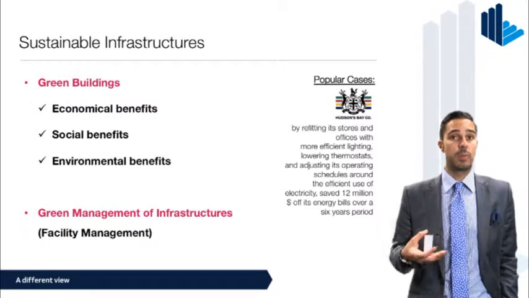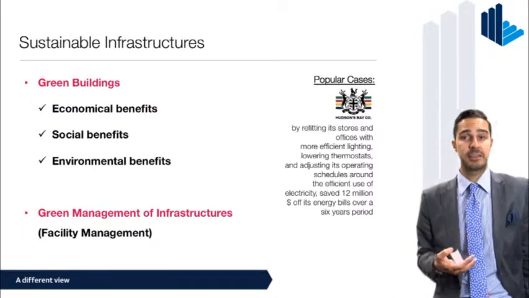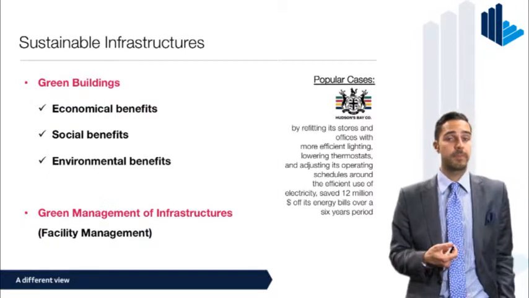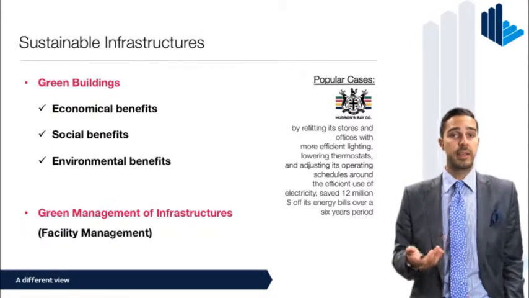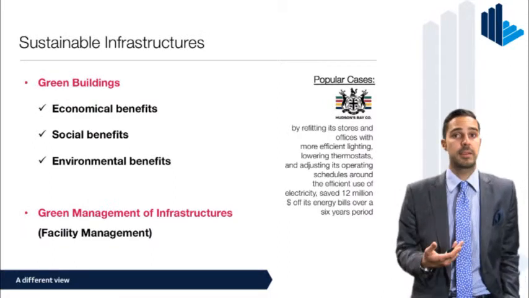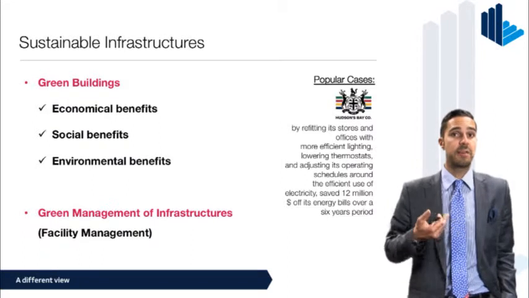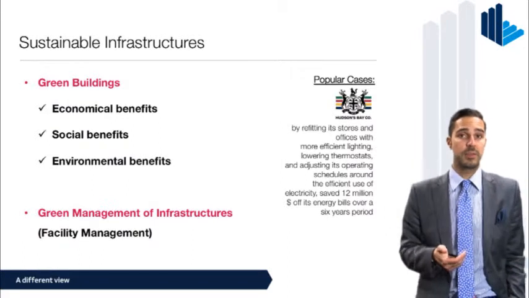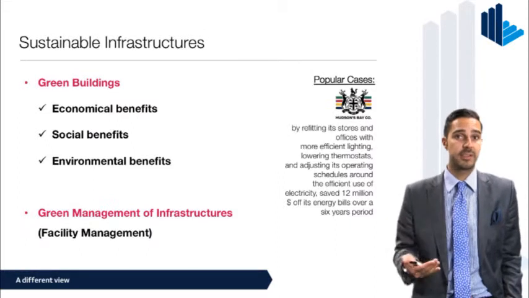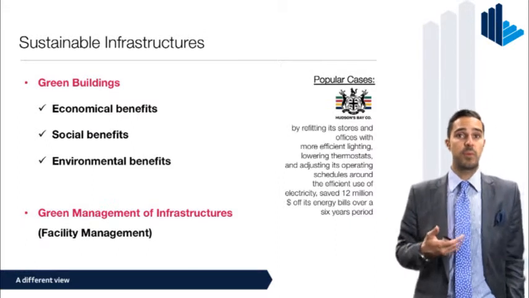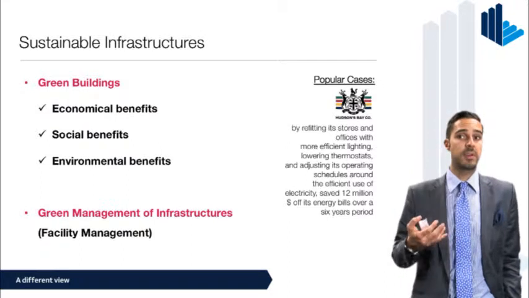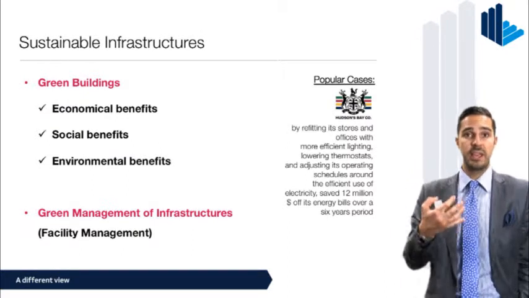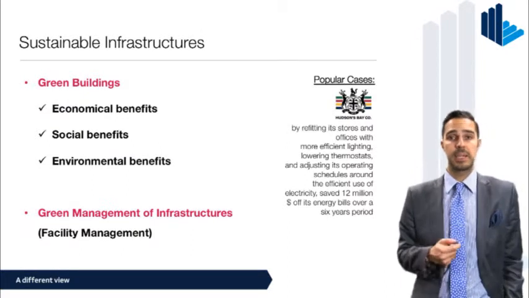As you know, what are called green buildings have become very popular in recent years. Green buildings are buildings that are very efficient in terms of energy consumption, in terms of the materials that are used, in terms of waste produced, in terms of the way they are constructed, and so on.